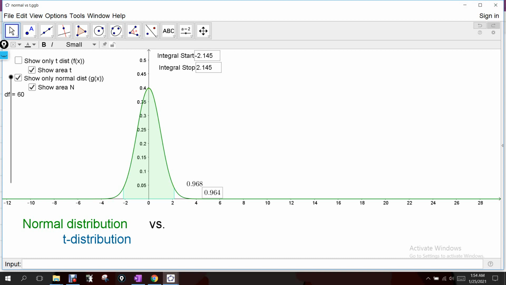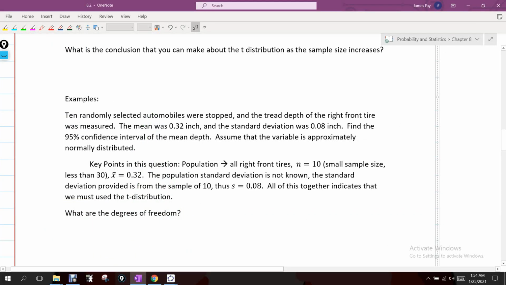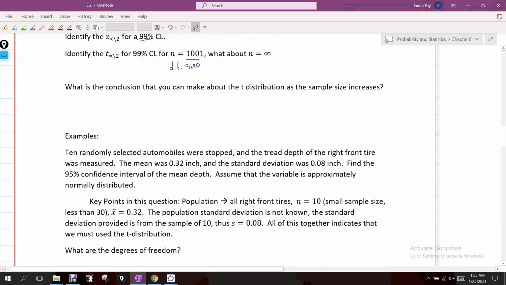Basically what our table is showing is essentially when this gets to like 1,000, there's really no difference between the two. All right, and that's the conclusion. So what is the conclusion you make about the t-distribution as the sample size increases? As the sample size increases, the t-distribution starts to migrate into or resemble or turn into the z distribution or the normal distribution.